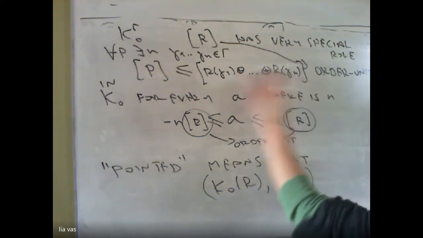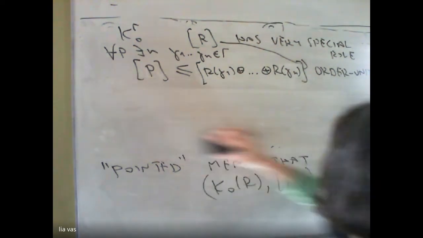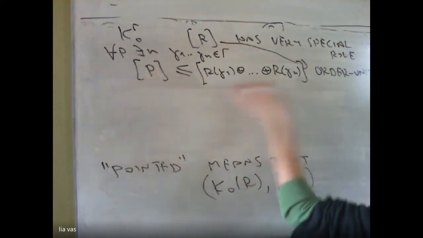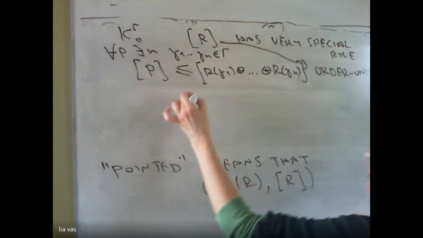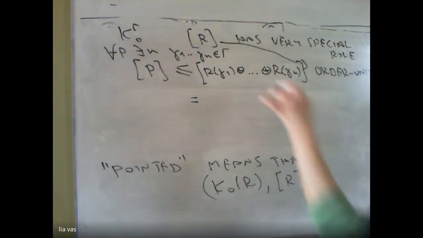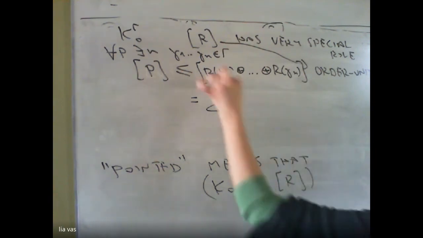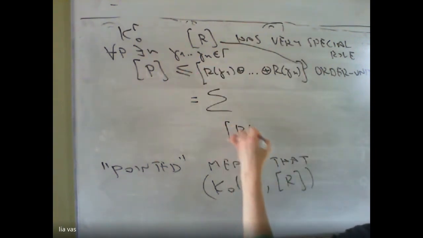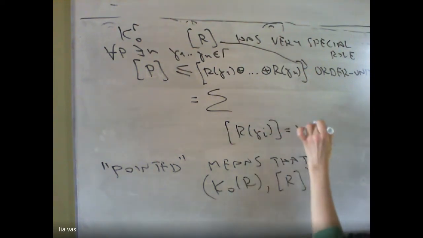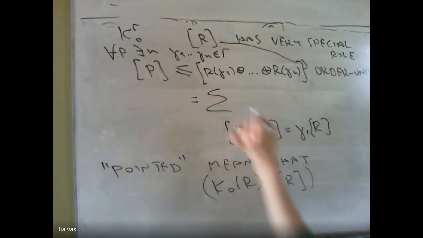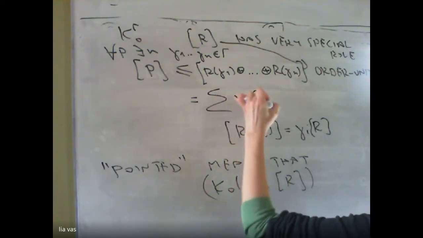Now, how is this element going to look when I think of the structure in my monoid? How do I add? How do I shift, right? What is this equal to? So direct sum becomes sum. This element R(gamma i) becomes pretty much gamma i times R. So this is what I'm going to have here exactly, right? Gamma i times this R.